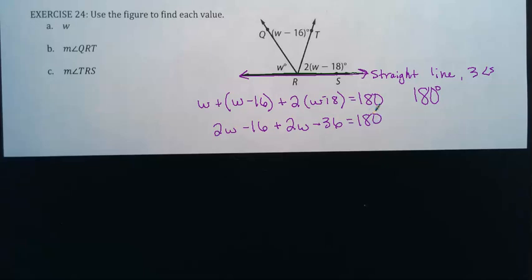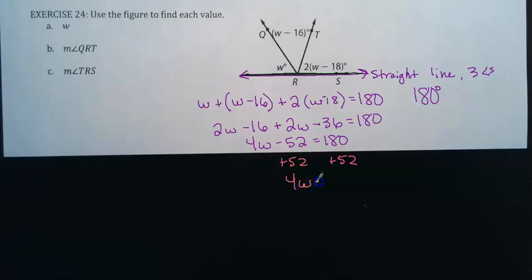All right, now I can combine some more like terms. 2W plus 2W gives me 4W. Negative 16 minus 36 gives me negative 52. Then I'm going to add 52 to both sides.